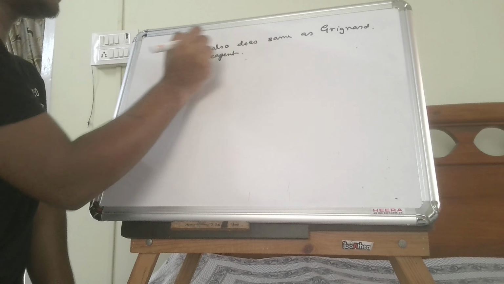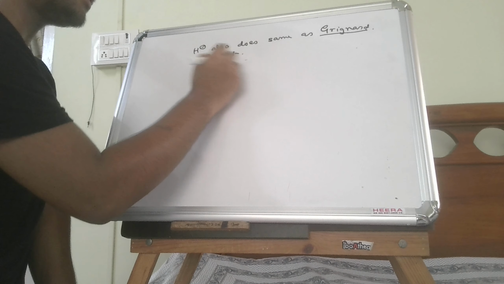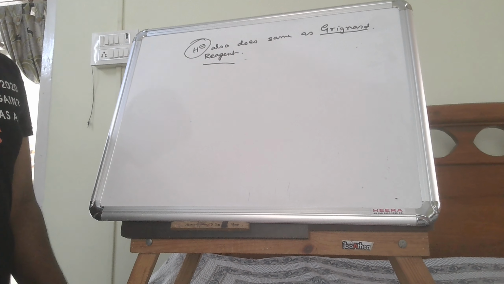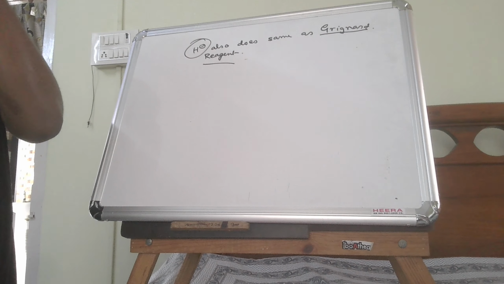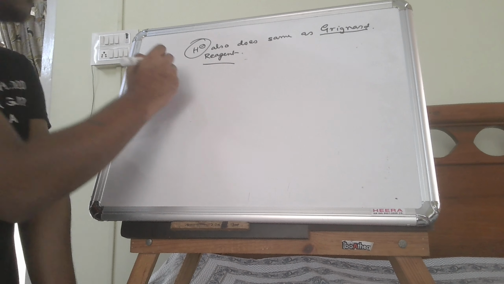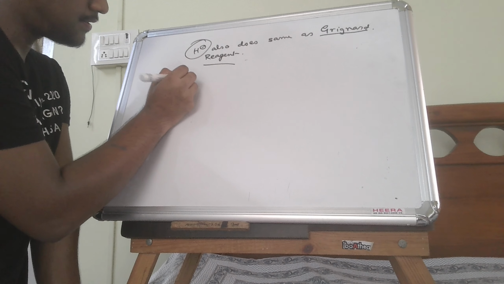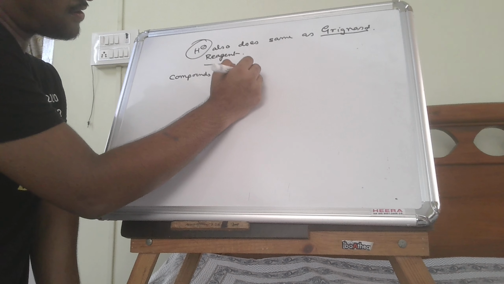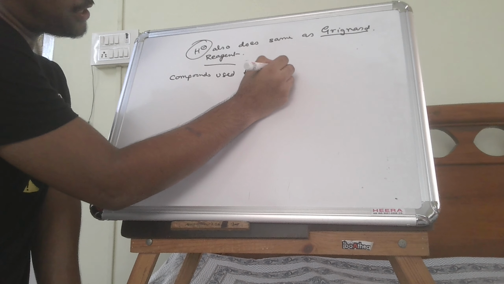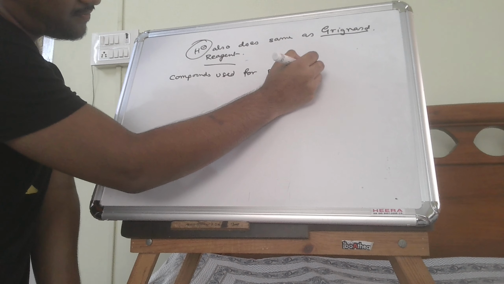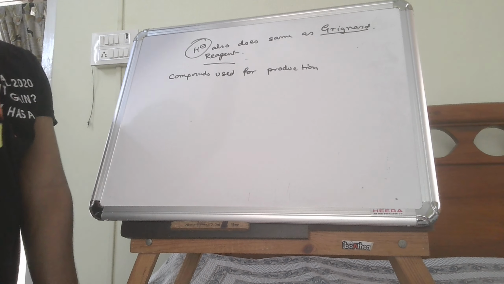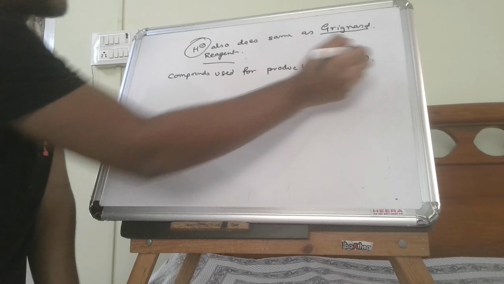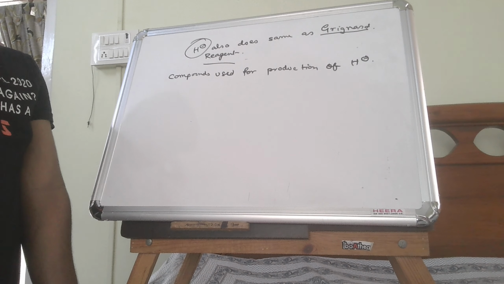Now, what we have is Grignard reagent. Now we can't use H minus directly. What are the compounds used for production of H minus, which give LiAlH4, meaning H minus?